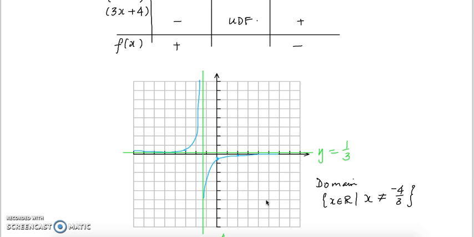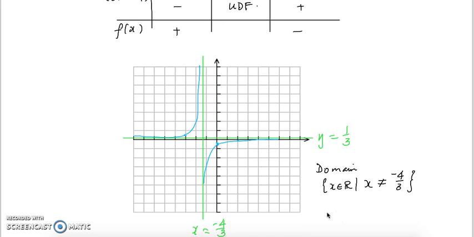Okay. And then the domain for this type of function basically only has one restriction: x is not equal to negative 4 over 3, which is your vertical asymptote.